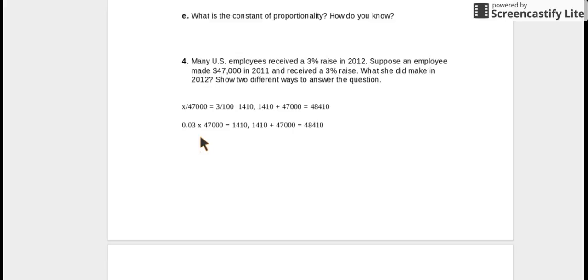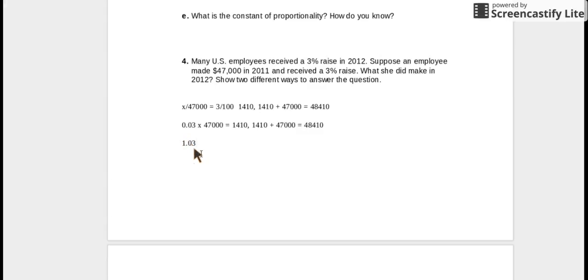And there is another way to solve this problem that's different, but it's a little advanced. This reads as a percent, 3 hundredths, or 3%, which is just the raise. 3% of 47,000 is just a raise. Another way we could have done it is 1.03, or 1 and 3 hundredths.